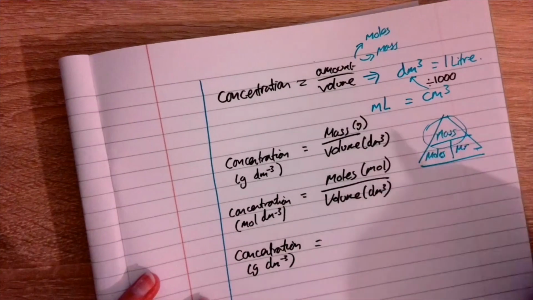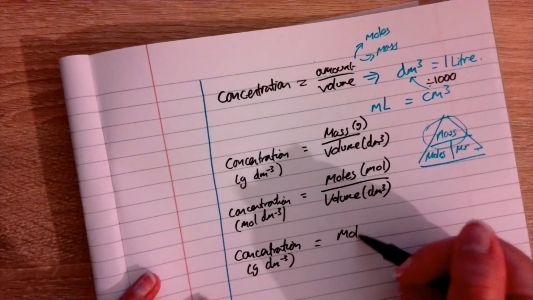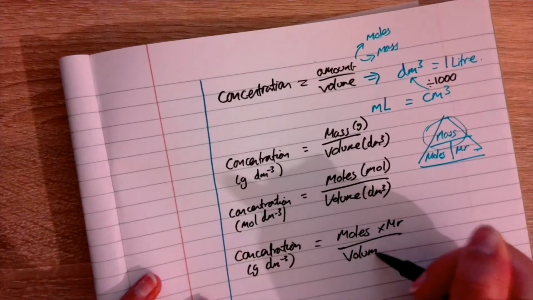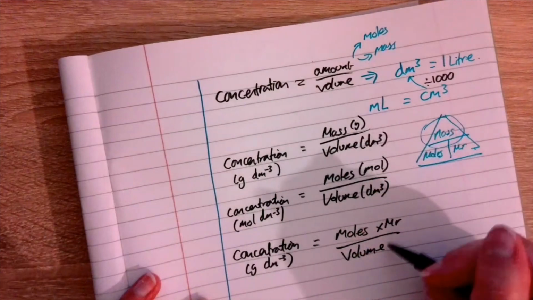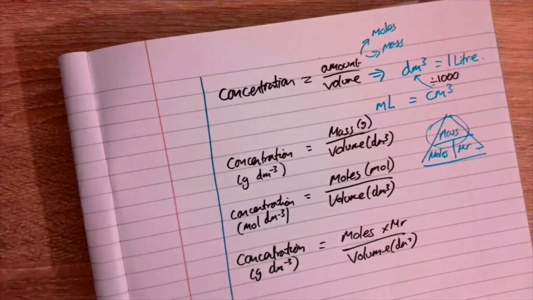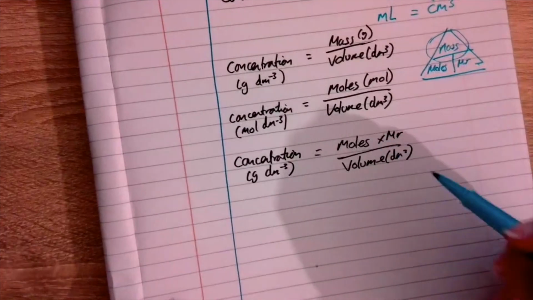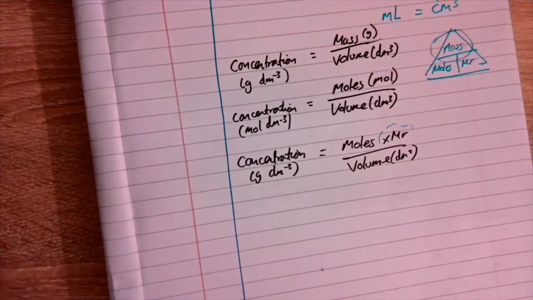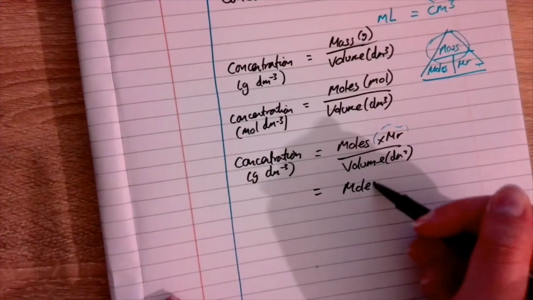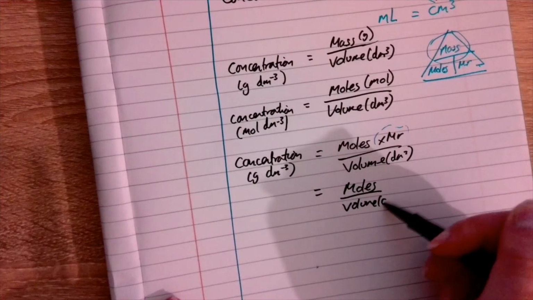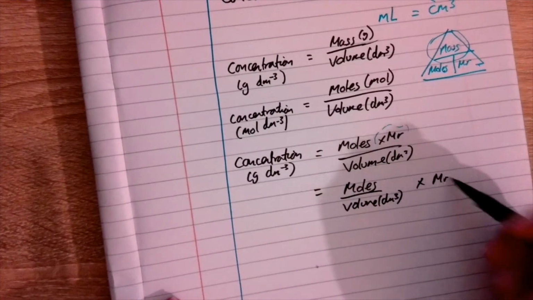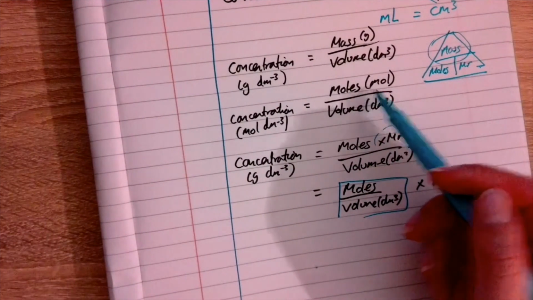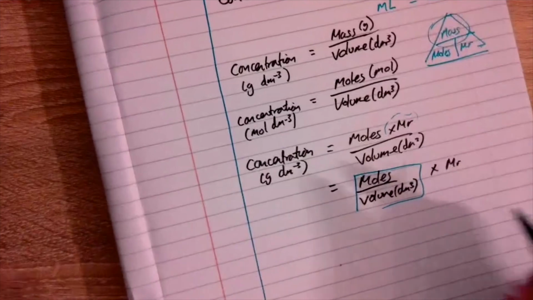Instead of writing mass, I can write moles times MR, and that's still divided by the volume, because we're just substituting the mass part. However, we can split up this fraction, as that numerator can come out of the fraction, so that we have our moles divided by volume times our MR, and this part, you will notice, is the same as our concentration in terms of moles.